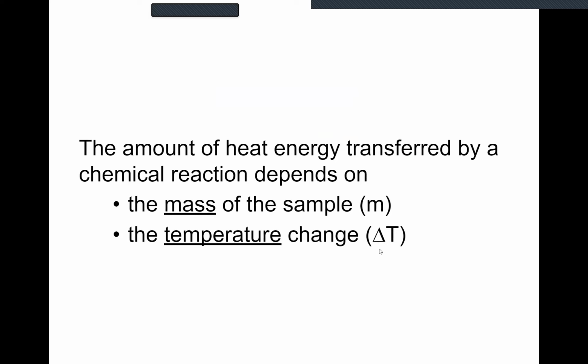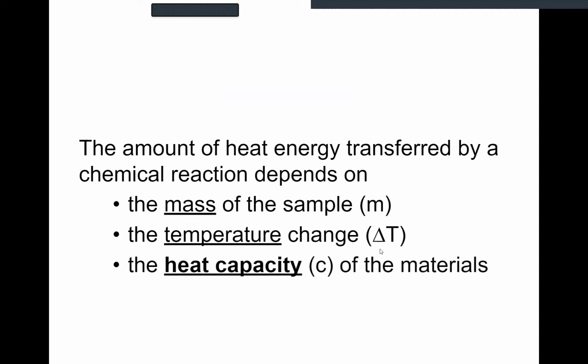We abbreviate that delta T. And then thirdly, there's this other quantity called heat capacity, abbreviated with a C, that is a property inherent to the material itself. Let's talk a little bit about heat capacity, because this one's a little tougher.